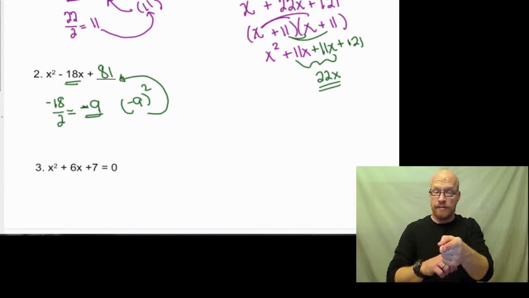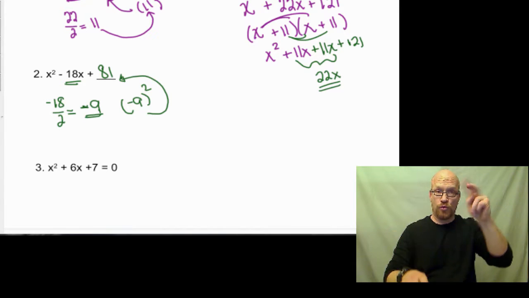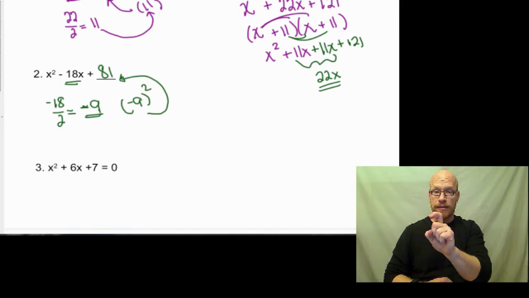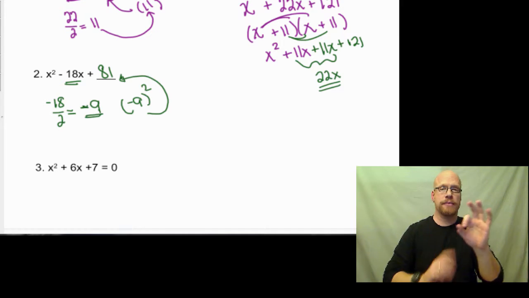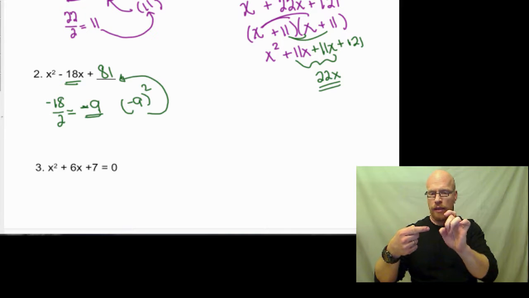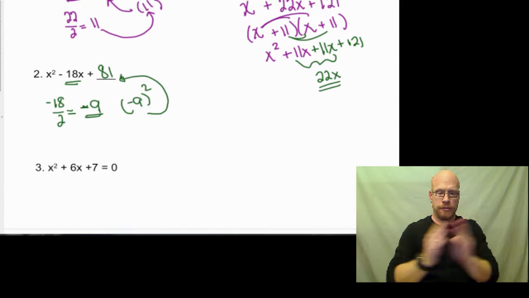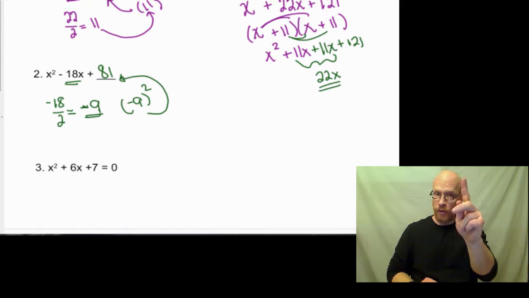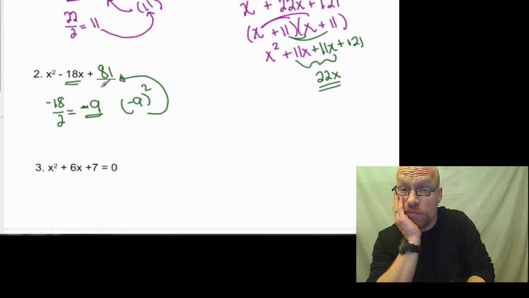So the answer is x minus 9, parentheses squared, because negative 9x and negative 9x is negative 18x. That's the middle term.